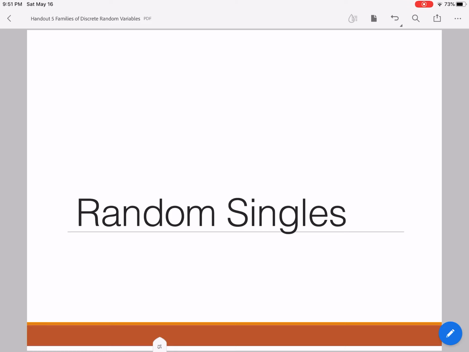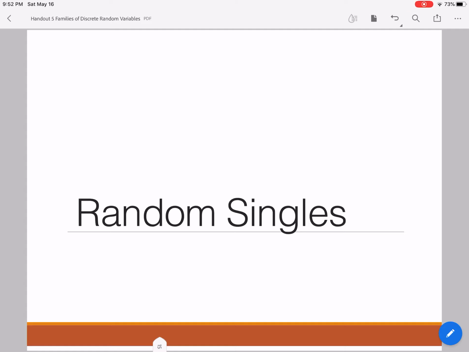Things get much more interesting when we perform multiple Bernoulli trials, and depending on what experiment we are doing, it gives rise to different kinds of families of discrete random variables. For example, let's say that I keep performing my Bernoulli trials until I get my very first success. The number of trials that have gone behind obtaining the very first success is represented using a geometric random variable.